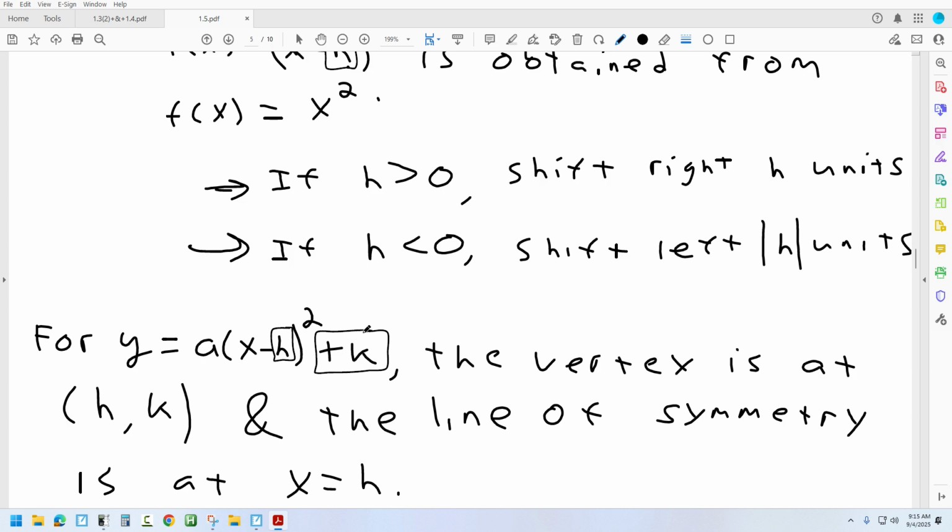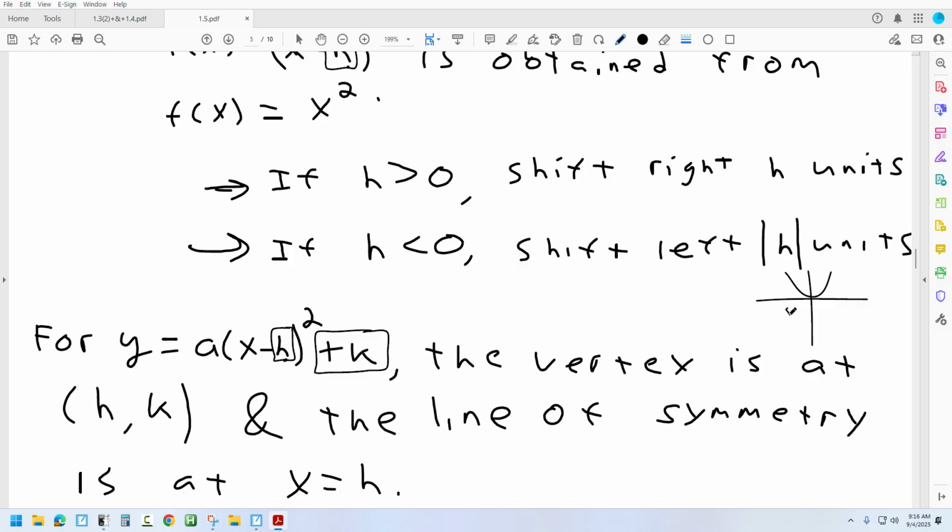And if you want to identify the line of symmetry, well, the line of symmetry is only affected by moving left and right. Think if you had a parabola like this. Where's the line of symmetry for that right now? Yeah, the y-axis.